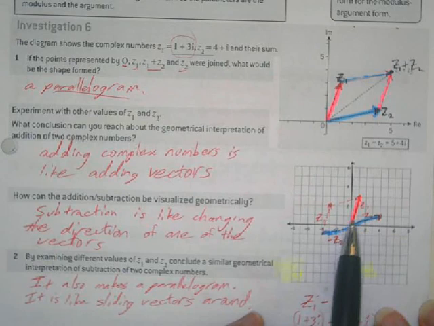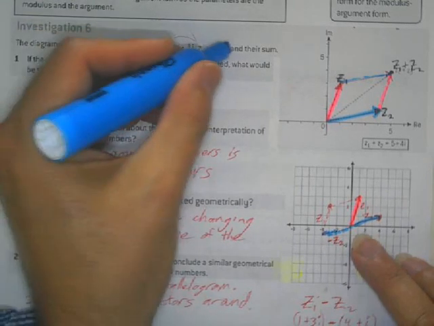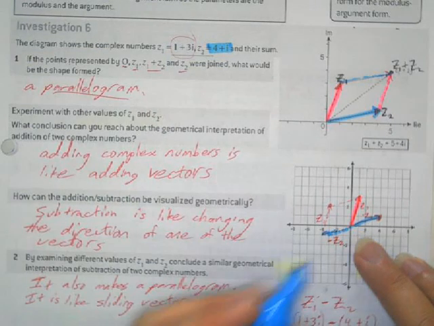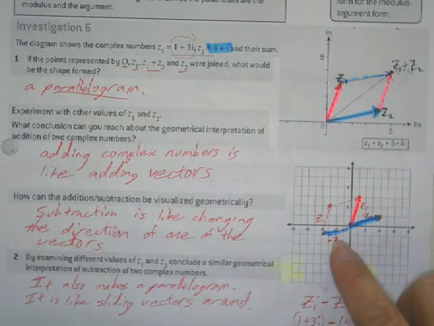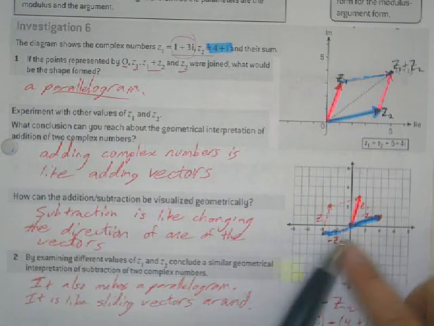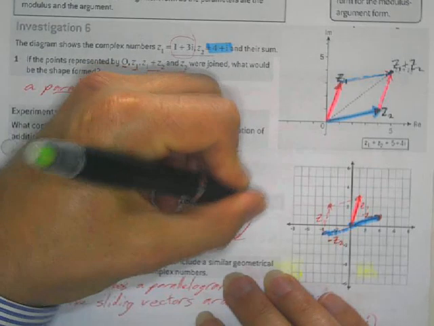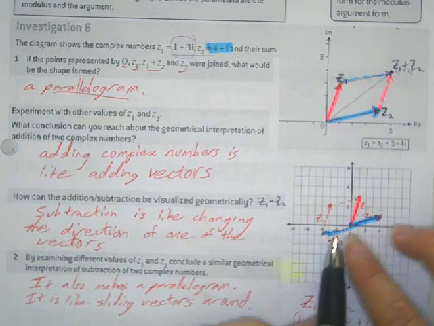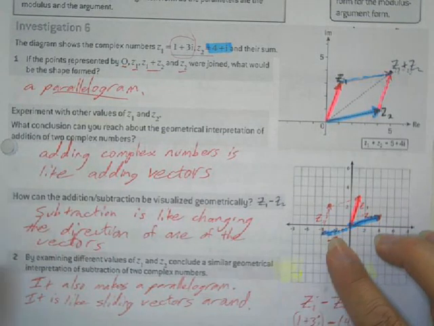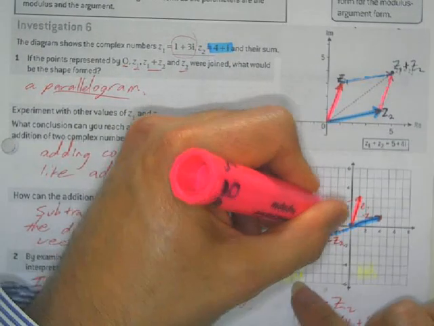So I've got z2 is this one here, right? 4 plus i, right? And if I'm subtracting z1, I'm going to go this way. If I've got z1 minus z2, instead of going that direction, I'm going to go this direction. And z1, we're going that direction.